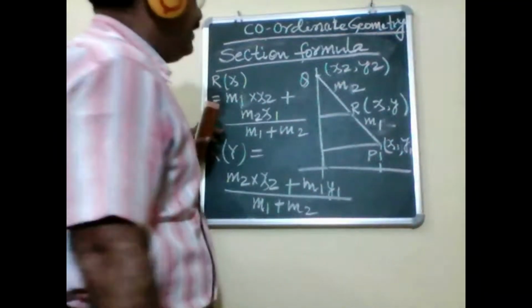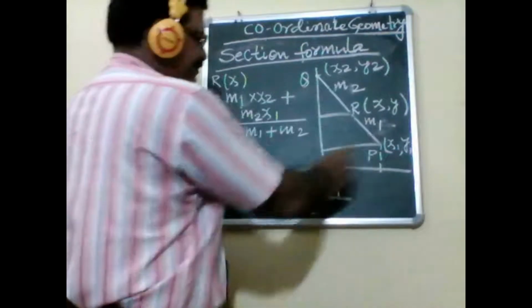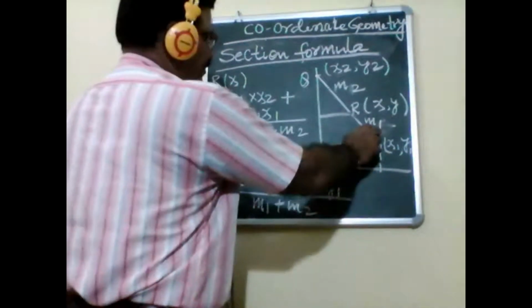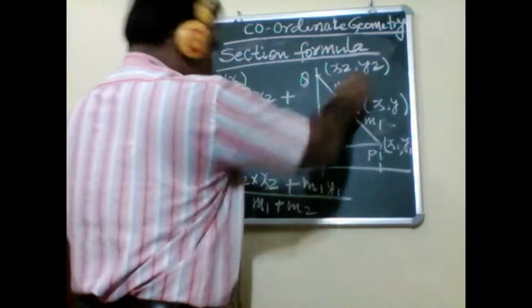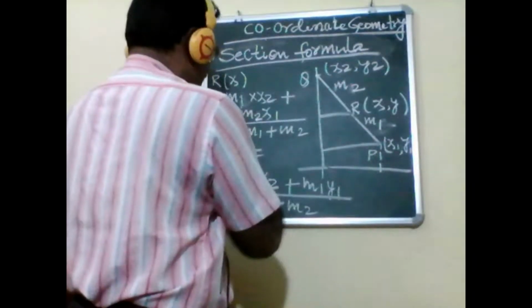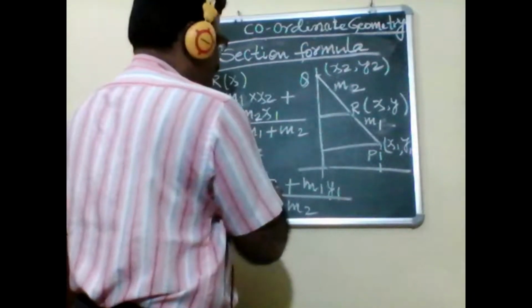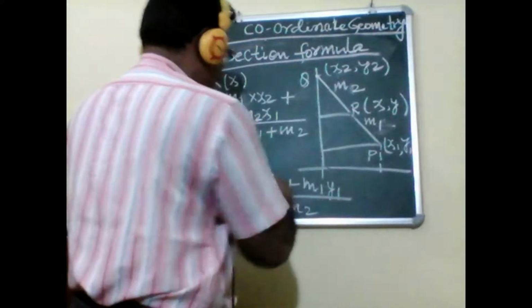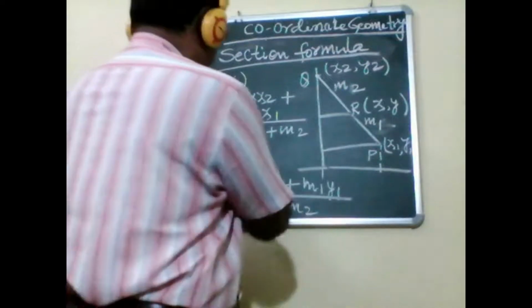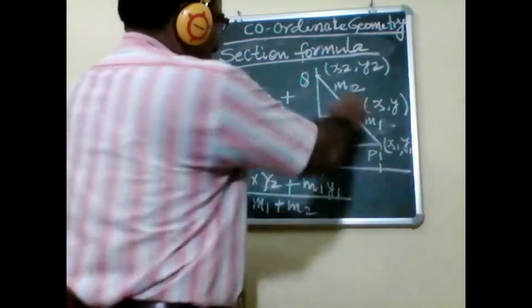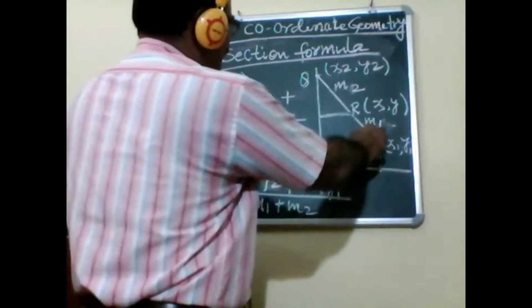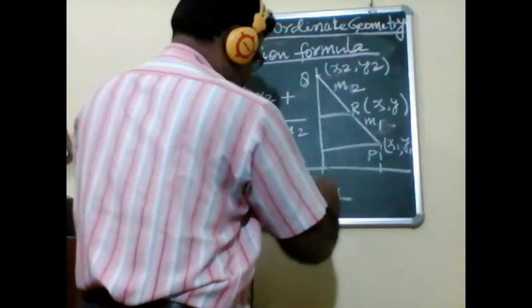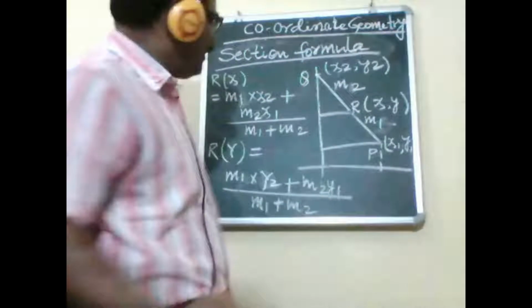Next, like this one, m1 into y2 and m2 into y1 divided by m1 plus m2.